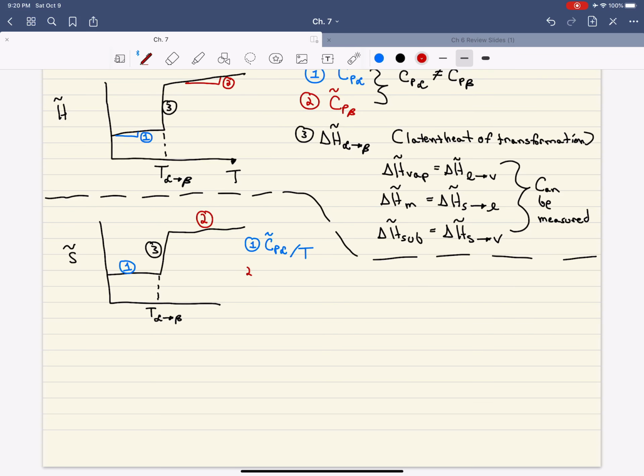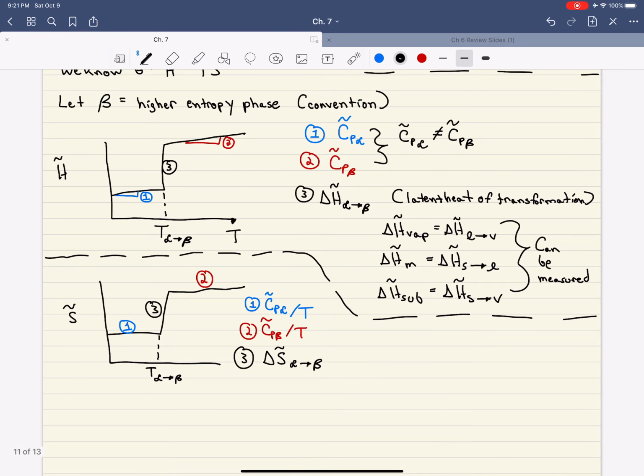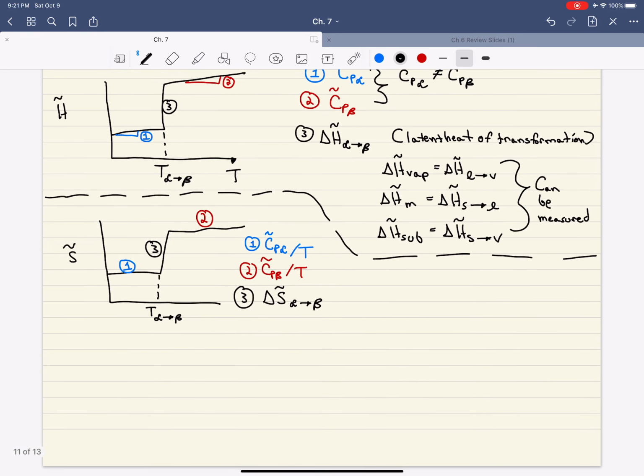In region 2, that's also Cp beta divided by temperature. And then region 3 is what we call the change in entropy as we go from the alpha to the beta phase.